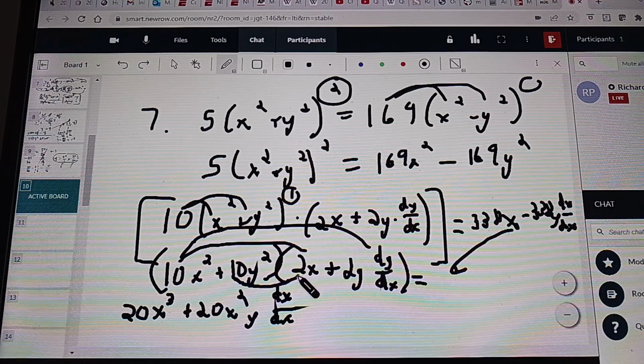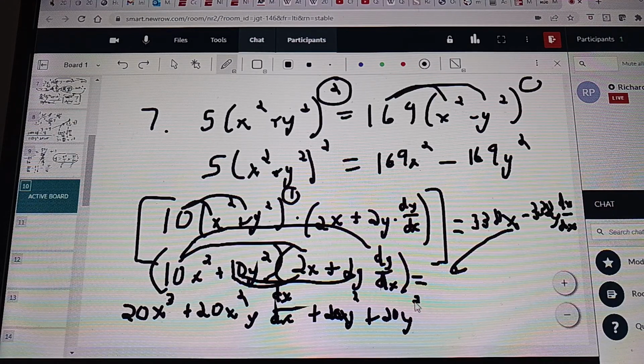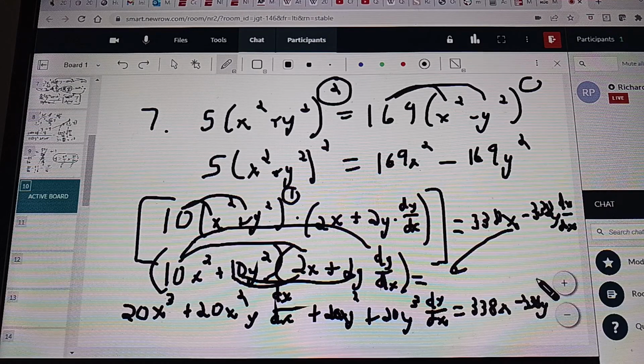Then you would get a 20xy squared that does not have a dy over dx. And then finally a 20y to the third with a dy over dx, equals this 338x and the minus 338y with dy over dx.